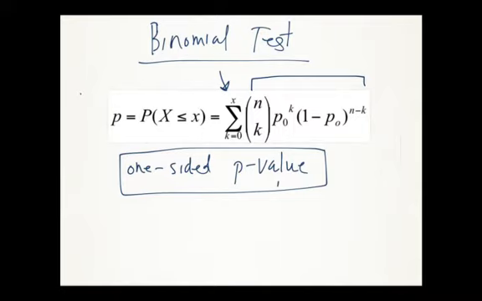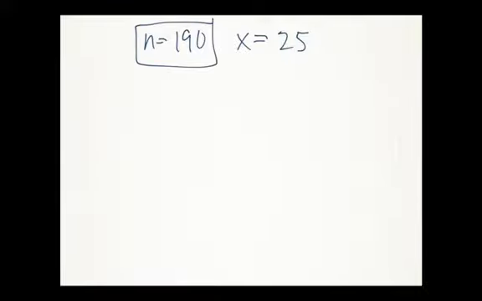Okay. So what would that look like in the case that we'd been working with? Remember, the case that we were working with was n equals 190, and x, the number of people with sustained progression, was 25. Okay, so even though we have 190 people here and we were comfortable with the normal approximation, we can still conduct the exact binomial test.